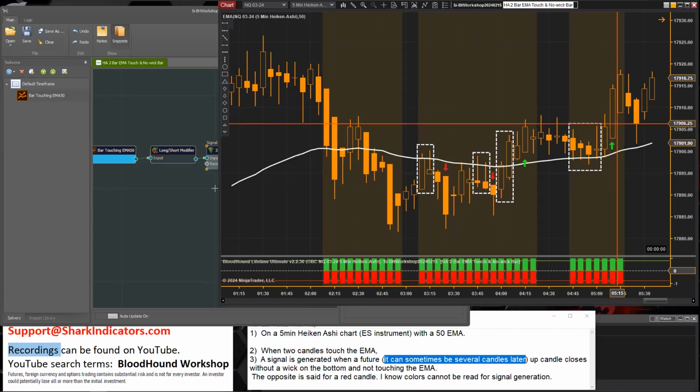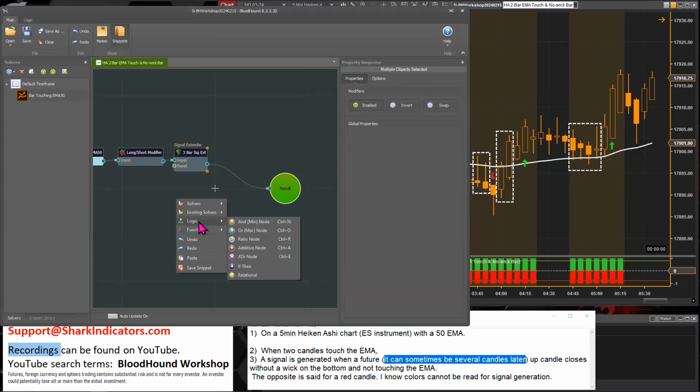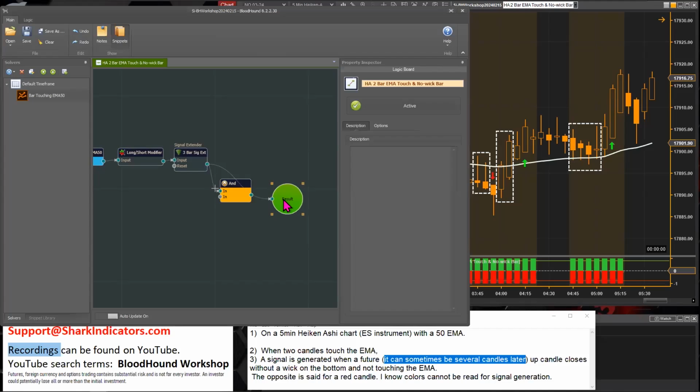So the next step is to identify this no-wick bar. So, all right, that is where we're now going to start needing an AND node so we can start combining these conditions together. Actually, yeah. Let's just jump to the no-wick bar here next.